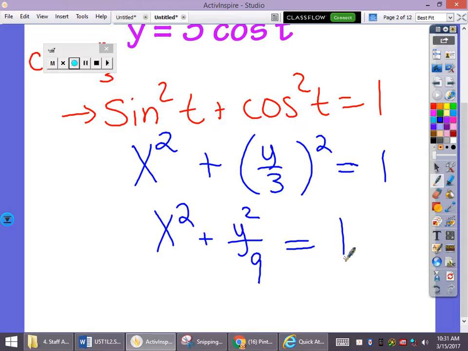And if we wanted to, we could put this 9 over 9 so that it is a common denominator. And we're not going to do it today, but I need you to think back to Algebra 2 when you learned the different forms. Circle, ellipse, hyperbola. The different shapes. Ring a bell? Yeah? Okay. Good?